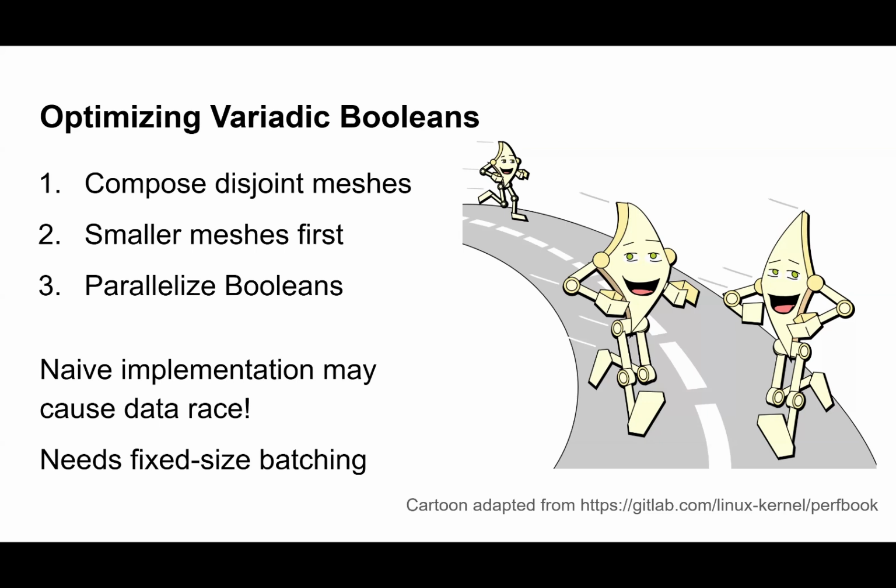So we need fixed size batching. Basically, we set a fixed constant k, for example 4, and then we take the 2k smallest meshes from the heap. And then we run the Boolean in parallel. And then at the end, after all the threads finish, we put them back to the heap. This eliminates the data race, but it is also slightly inefficient because you are essentially waiting for the slowest Boolean in this batch to complete.